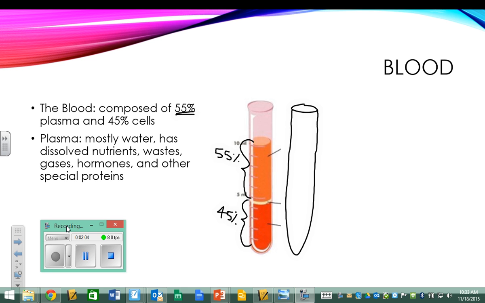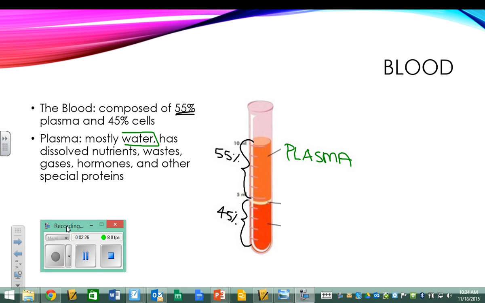So if I take a look first at plasma, it's important that you recognize what plasma is made out of. So this top portion here is plasma. That is where things can be dissolved in your blood because most of that plasma is water.